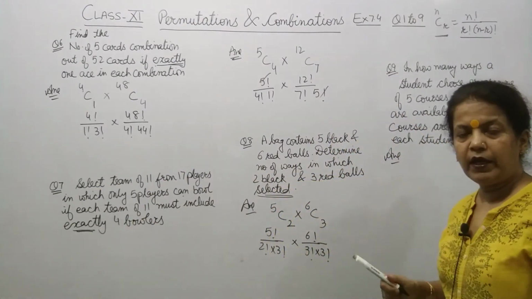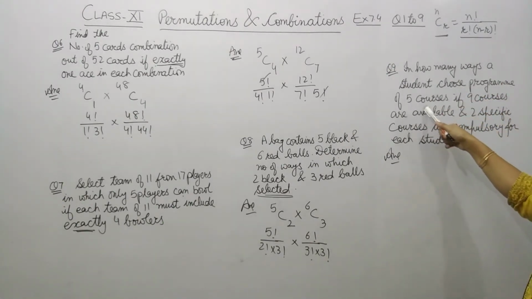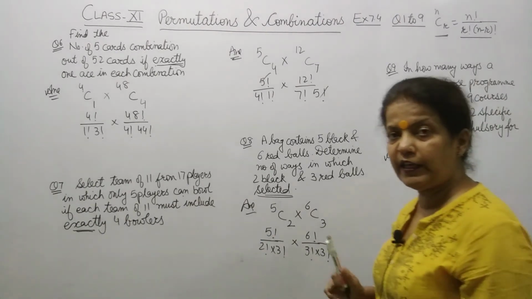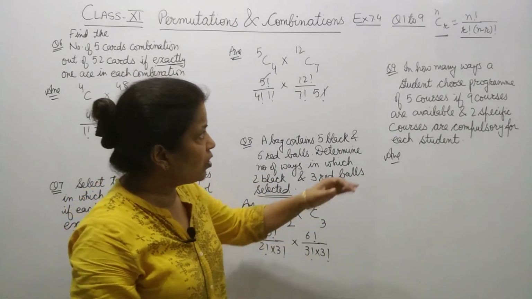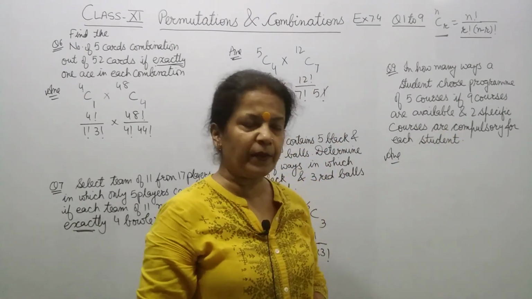Question 9. In how many ways can a student choose a program of 5 courses if 9 courses are available and 2 specific courses are compulsory for each student? Out of 9 courses, 2 courses are compulsory.